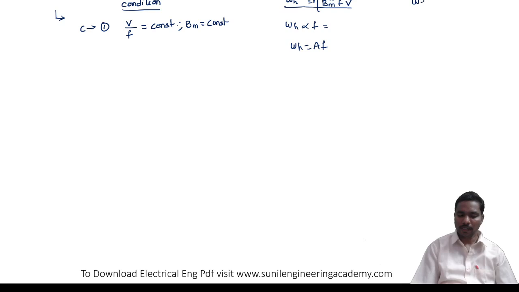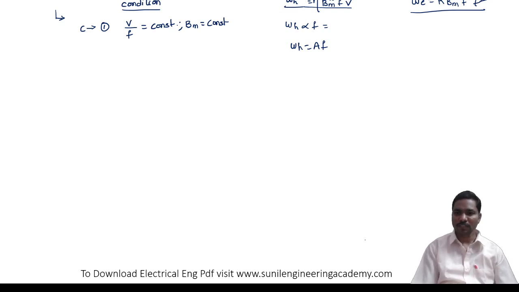We know hysteresis loss is equal to zeta B max power X into F into V. So here if B max is constant, then you will get WH proportional to F. That means WH is equal to A F. Eddy current losses: K B max square F square T square.